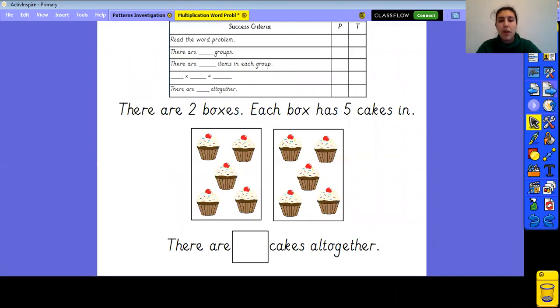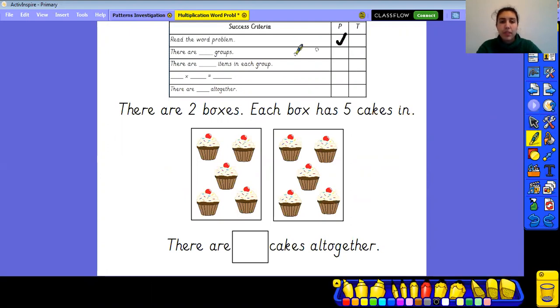Excellent. So 2 boxes. Each box has 5 cakes in it. So I've read it. There are how many groups? So there are 2 groups and there are 5 cakes in each.